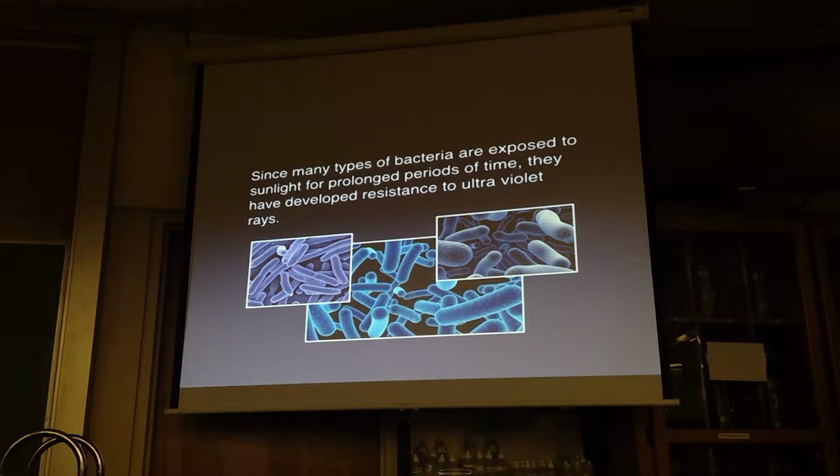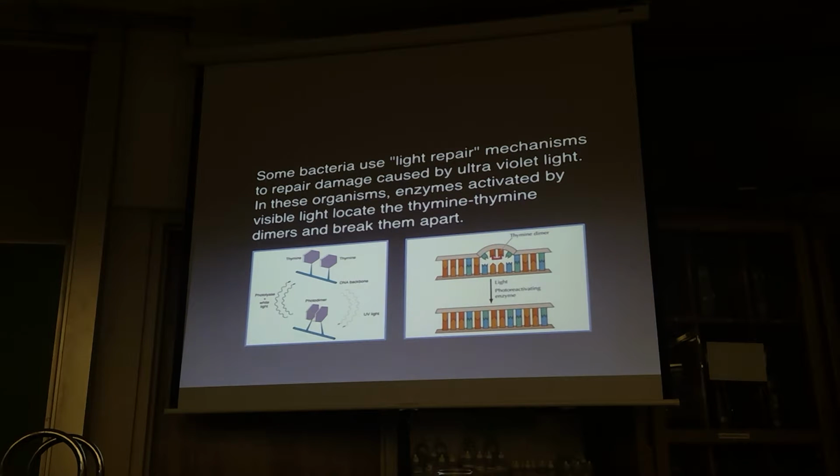Now the other thing that happens, because so many bacteria are exposed to ultraviolet light, is that many of them have developed ways of dealing with this type of mutation. So they've developed resistance to ultraviolet light. It's not that they aren't damaged in the DNA, but they have devised mechanisms by which they can repair that damage. And they have two different types. Some bacteria use what's called light repair.